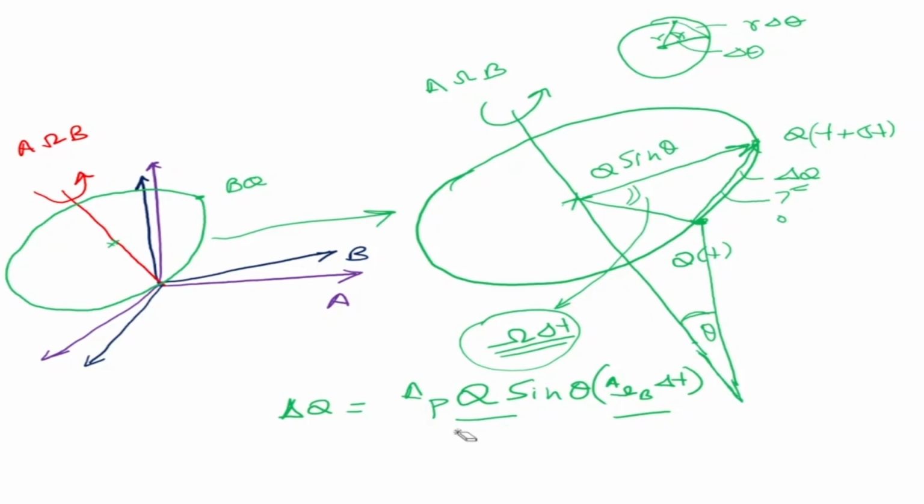Now, in order to find the incremental velocity, we divide both sides by del t, and what this becomes is q dot equal to omega cross q, right? So this is how we write the angular velocity.